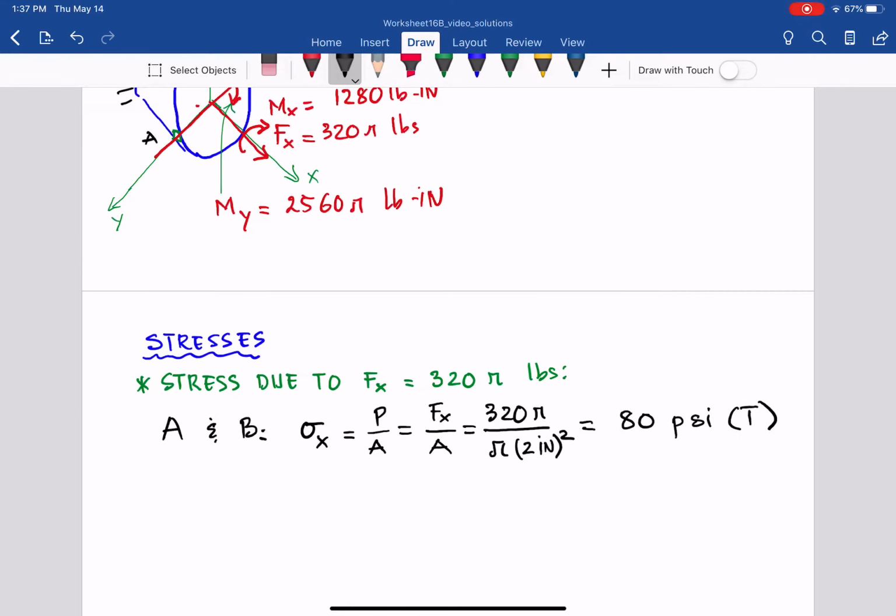So how can we draw the 2D stress block for each of them?